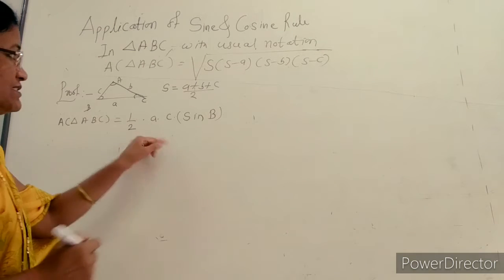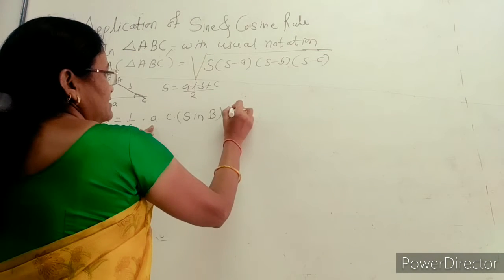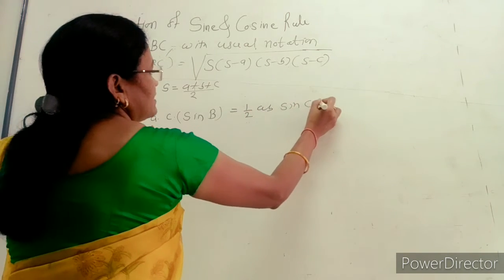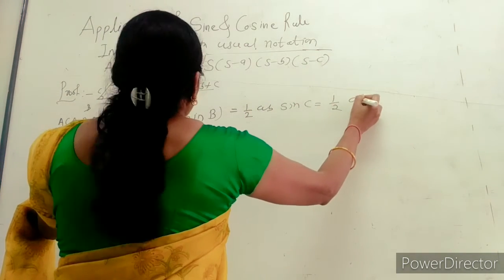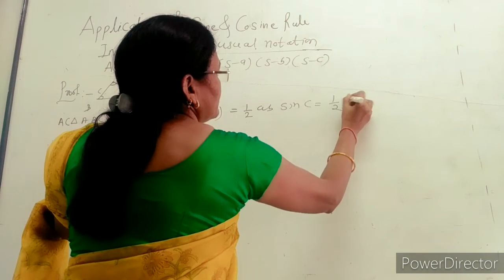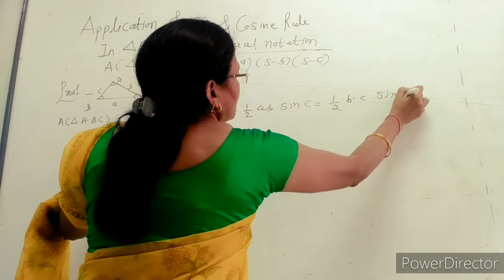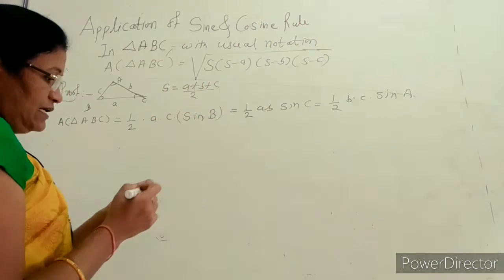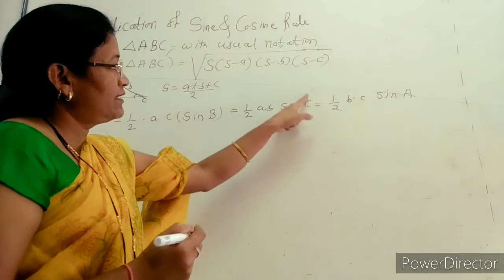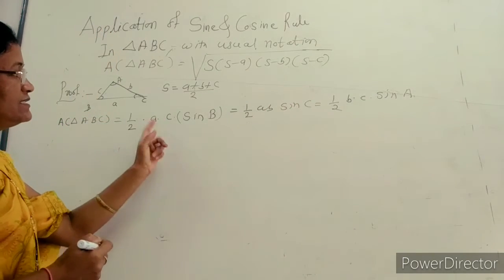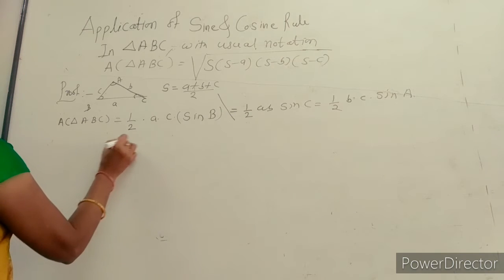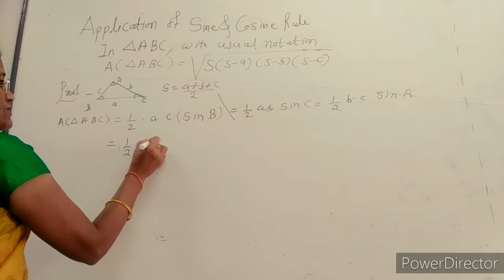You know this result, which is symmetric. By symmetry, we can take that result to be equal to 1/2 ab sin C, or 1/2 bc sin A. So, the length of two sides and the sine of the angle between them. We use only one result here. So 1/2 a c as it is.